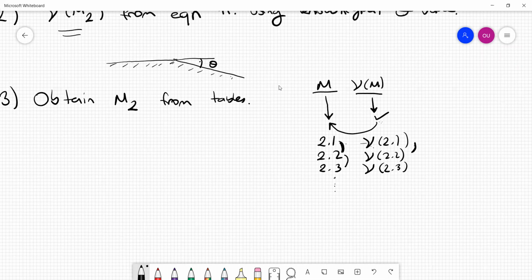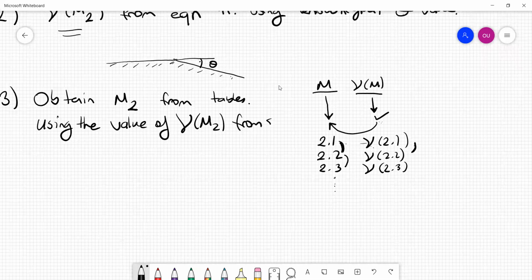Therefore, we obtain an M2 value from tables, corresponding to the value of new M2 from step 2. Okay, so once we do that, we do know the Mach number.